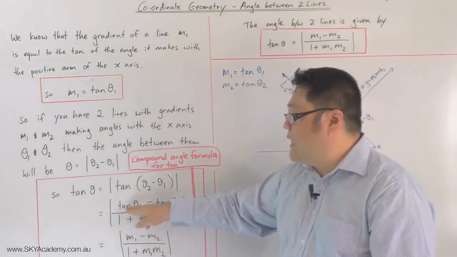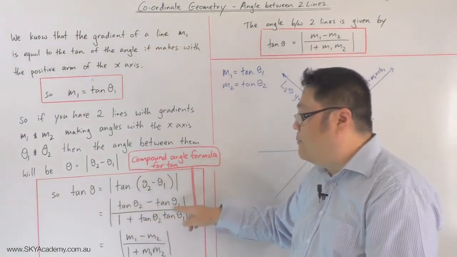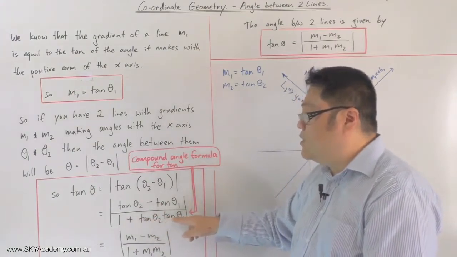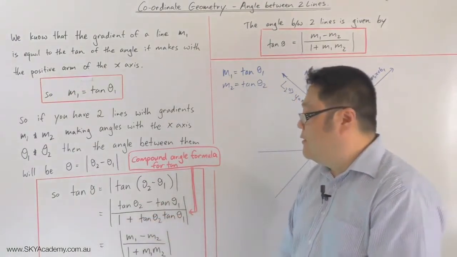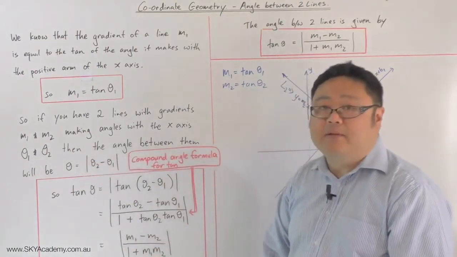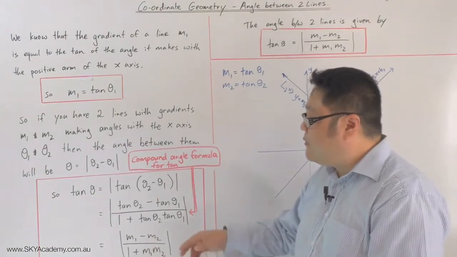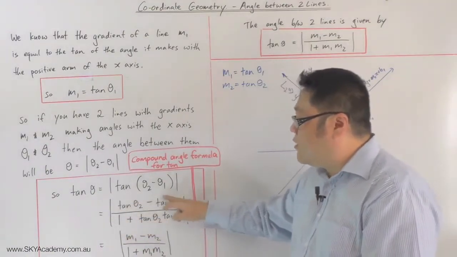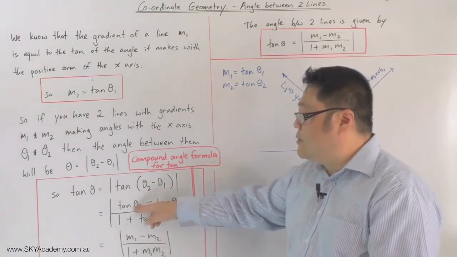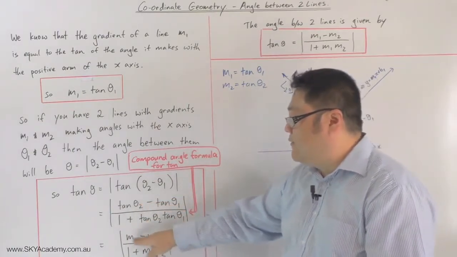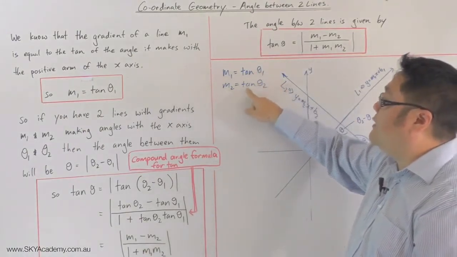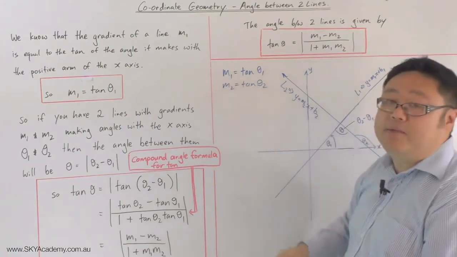So in other words, tan theta 2 minus tan theta 1, all over 1 plus tan theta 2 times tan theta 1. And because this was in absolute values, this also needs to be in absolute values. And because this is the compound angle formula for tan, what we can do is substitute out the tan thetas for the gradients, because after all, tan theta 1 and tan theta 2 are equal to m1 and m2.